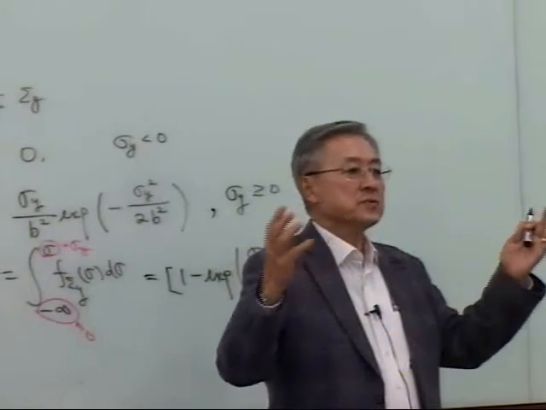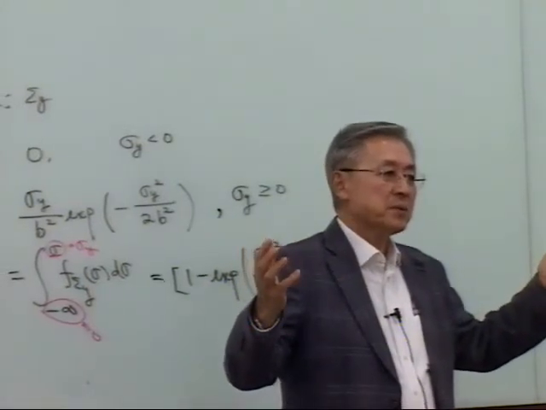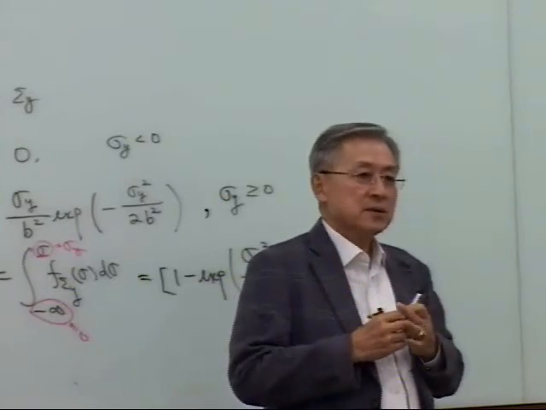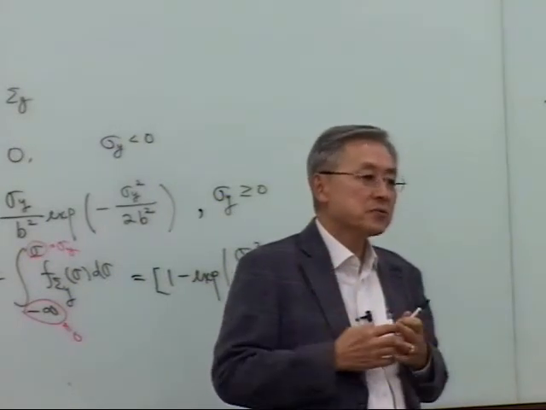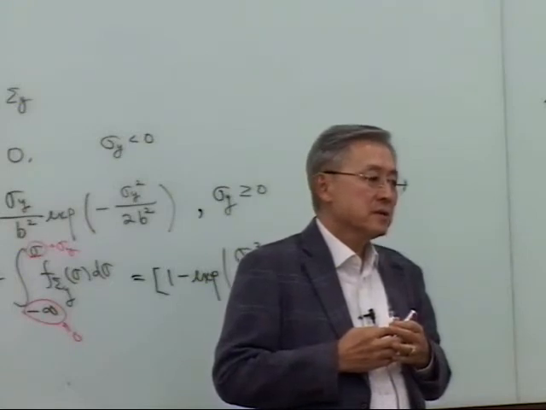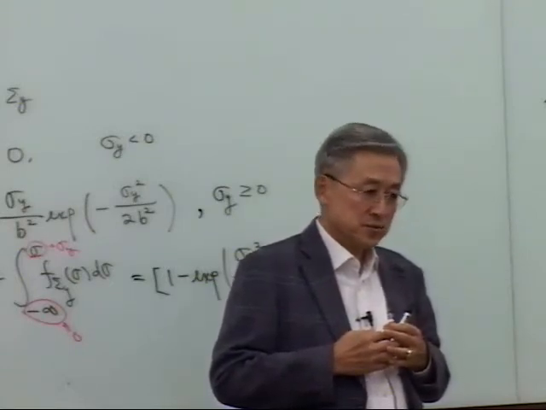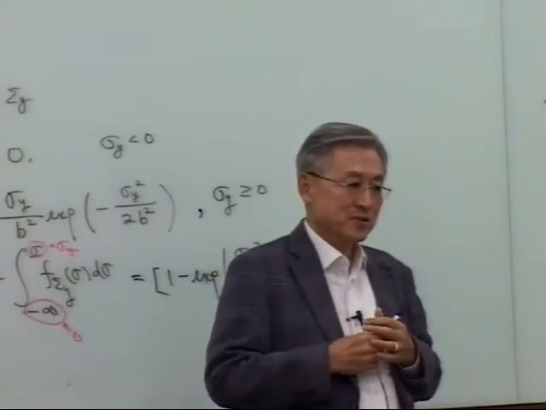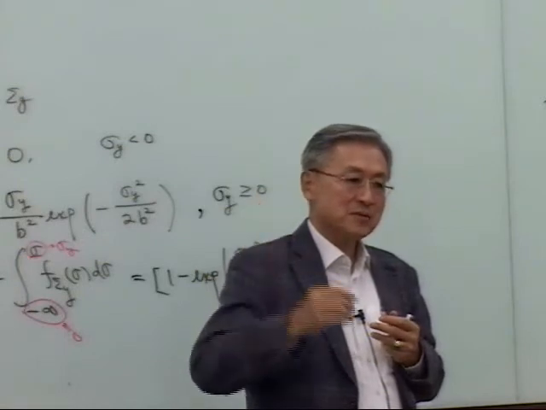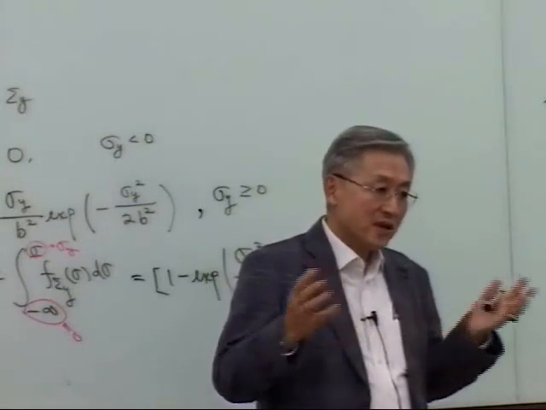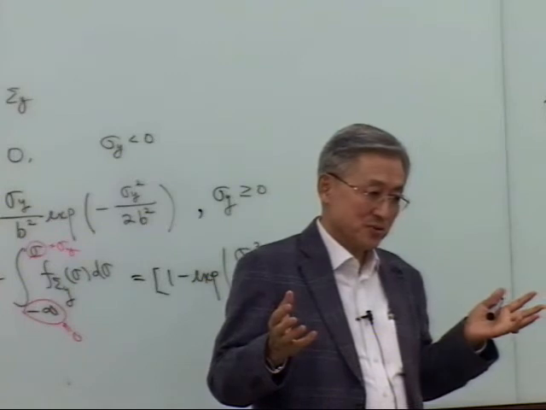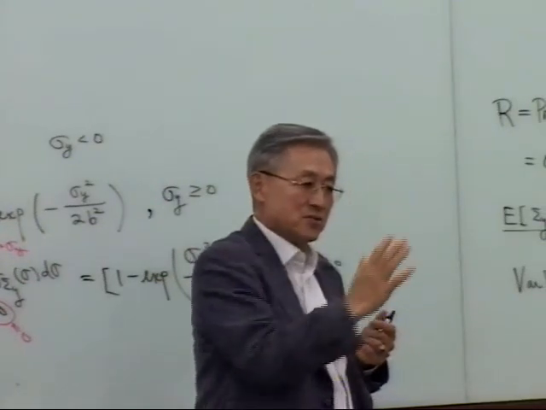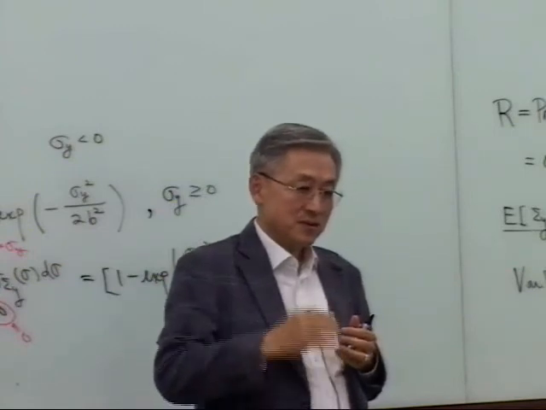Well, first you have to write down the probability density function. You know that. Then you have to integrate to get the cumulative distribution function. Then, because it's a normal distribution function, you can cast it into what form? The standard normal distribution. Shift the mean to right at the 0, right?